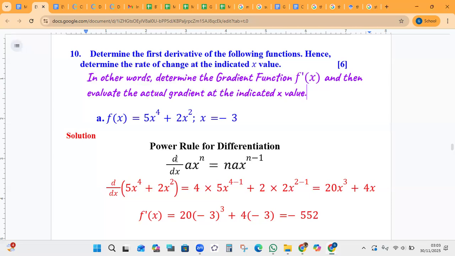So if you want to differentiate ax to the n, a coefficient times x to the n, let's presume that y is equal to ax to the n.